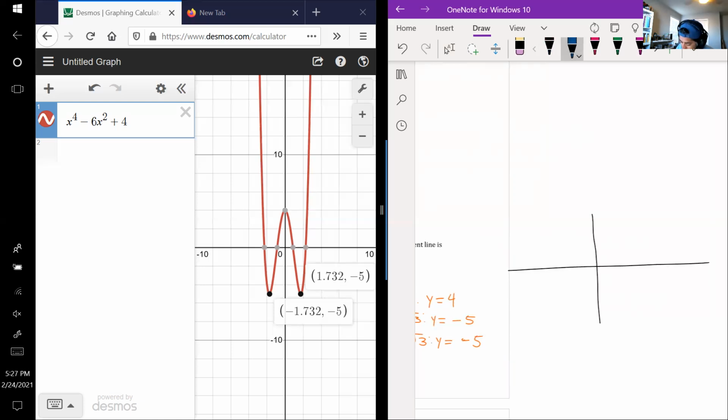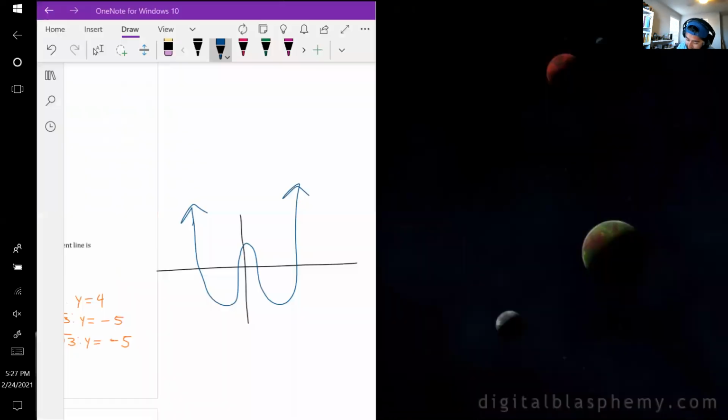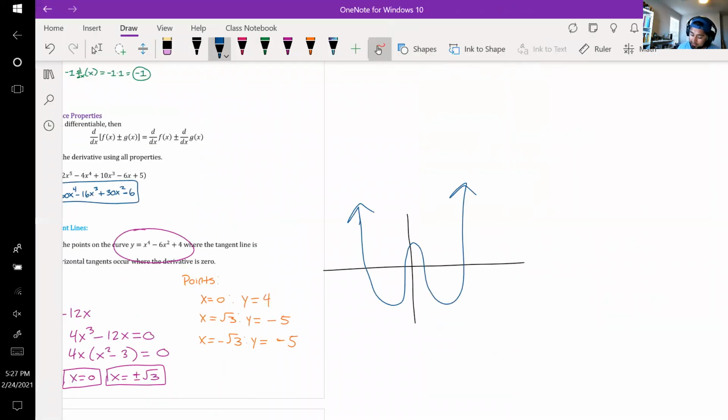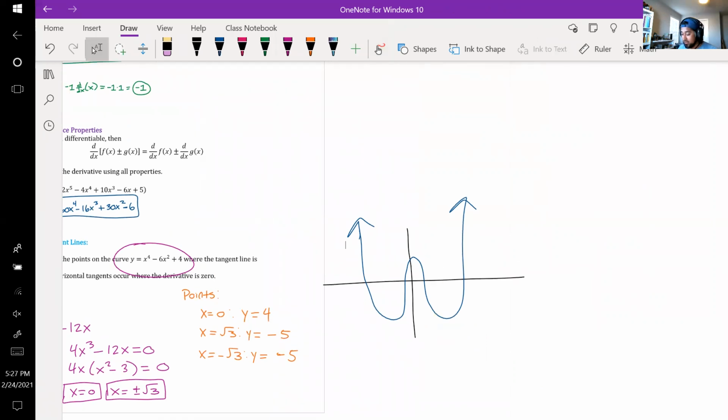So we look something like... looks exactly like the one on the left, okay? All right. So what we're saying is that at these points that we just found, we have horizontal tangent lines.